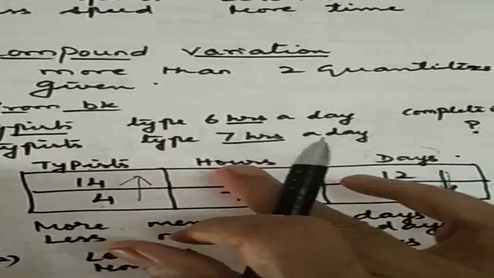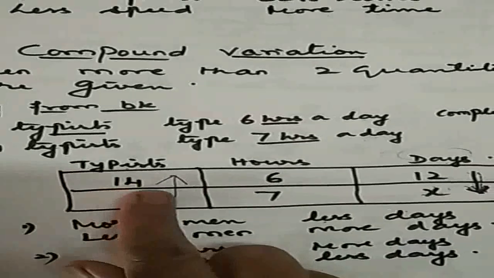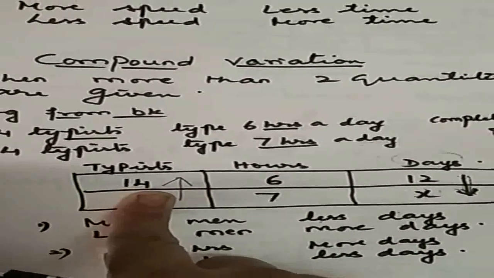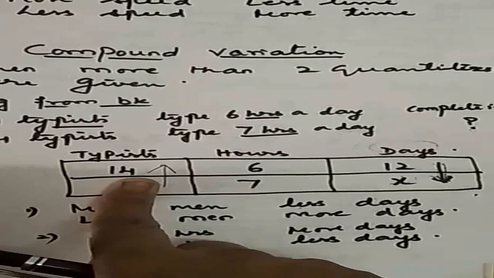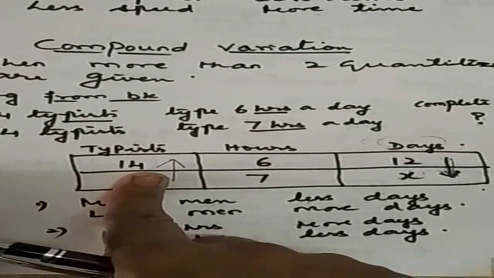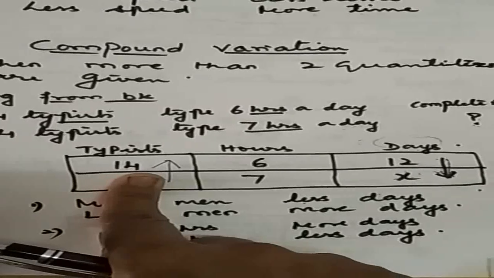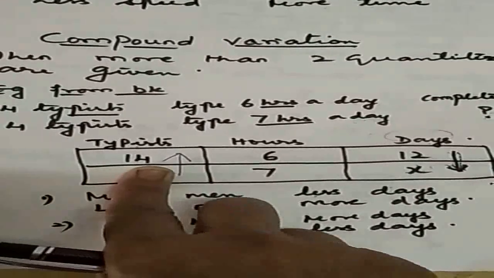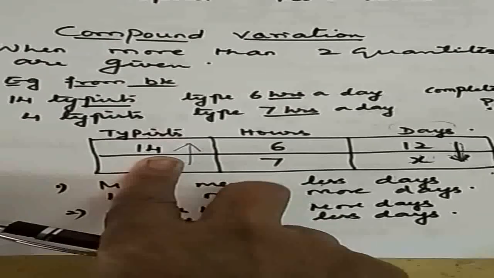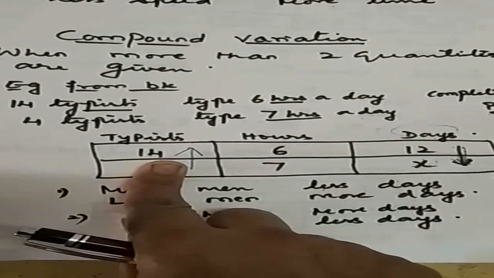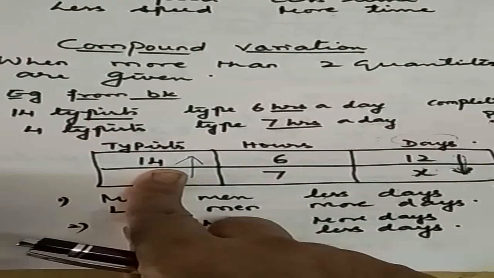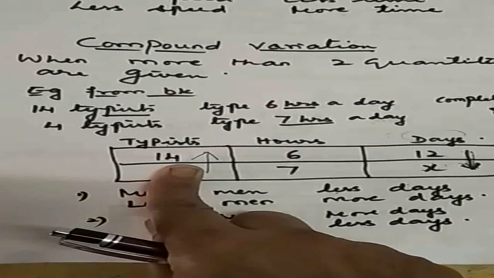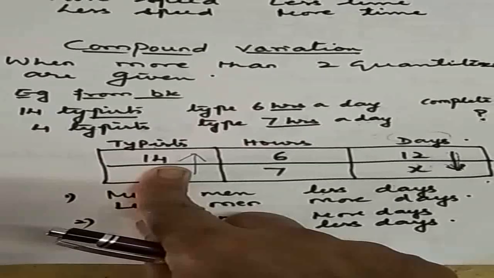Now you will be comparing hours and days, keeping the typists constant. 14 typists, if they type for 6 hours in a day, complete it in 12 days. If the same 14 typists type for 7 hours a day, they work 7 hours daily instead of 6, then will they complete in fewer days or more days?